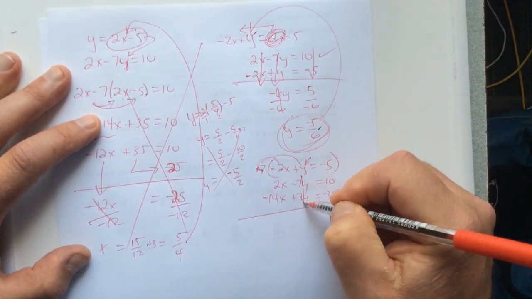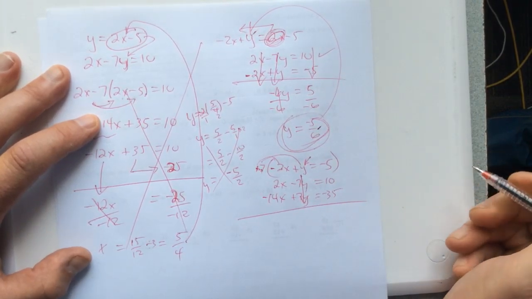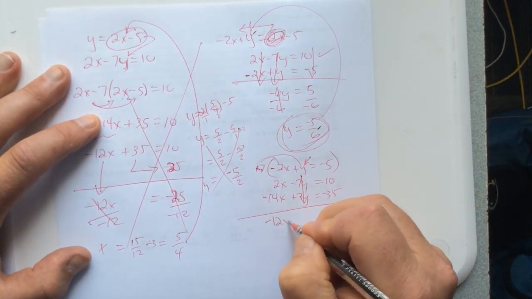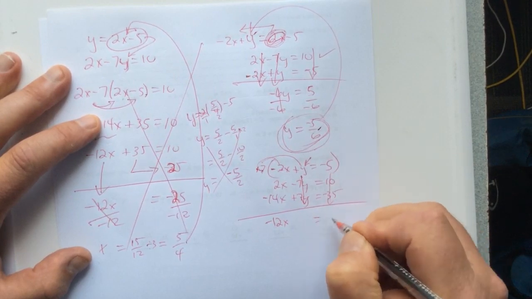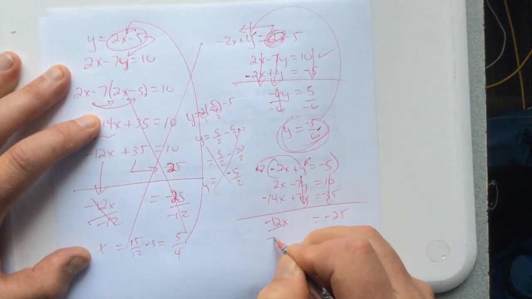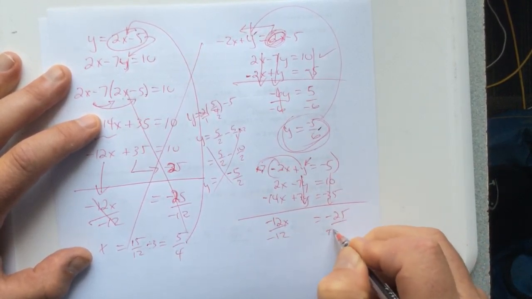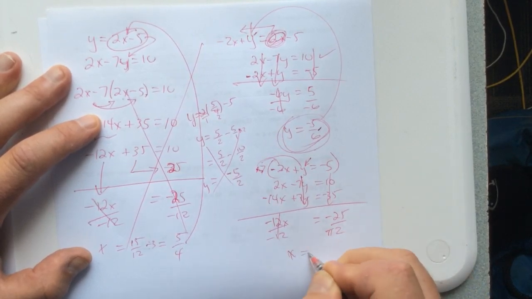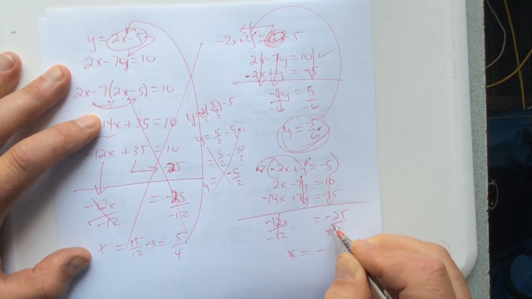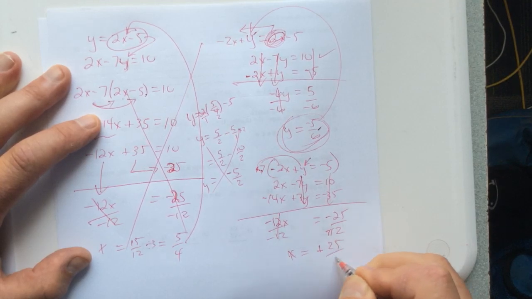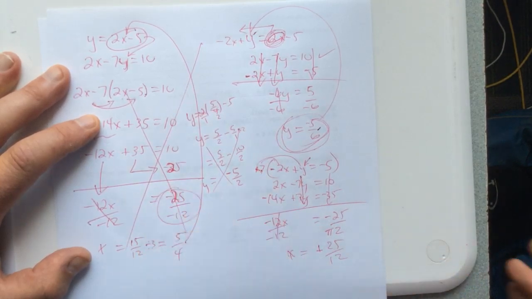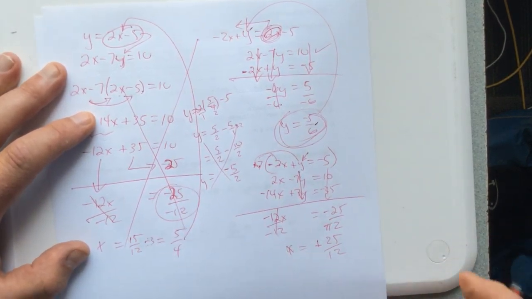And see, now that eliminates the y, and it'll just give us the x answer. See, here's negative 12x. Here's negative 25. Divide off the negative 12. So there it is. X is positive 25/12, just like it was over there, what it was supposed to be over there.